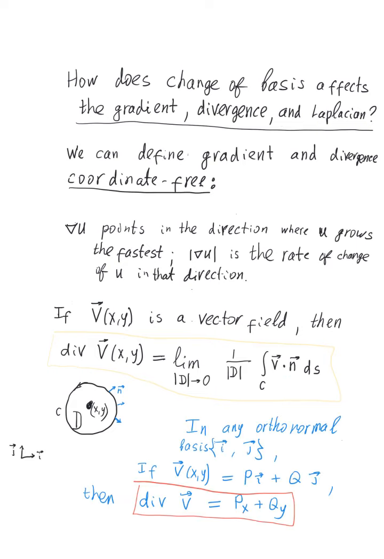There is a second definition that works in any orthonormal basis. If our vector field has components P and Q with respect to some orthonormal basis i, j, then the divergence of the vector field is simply the sum of two partial derivatives: the partial derivative of P with respect to the first variable plus the partial derivative of Q with respect to the second variable.